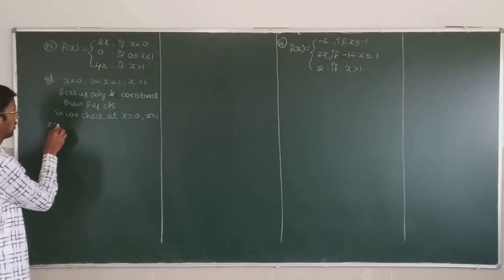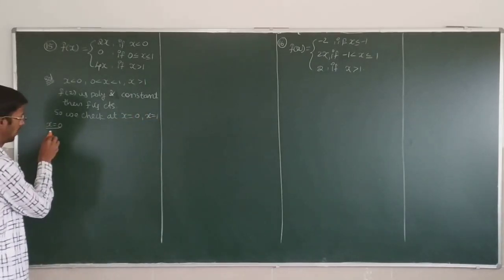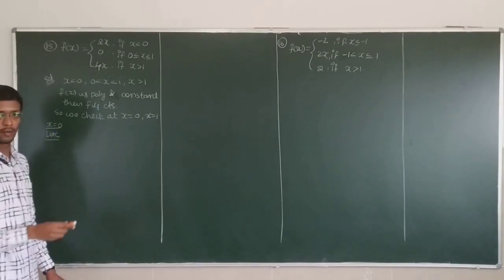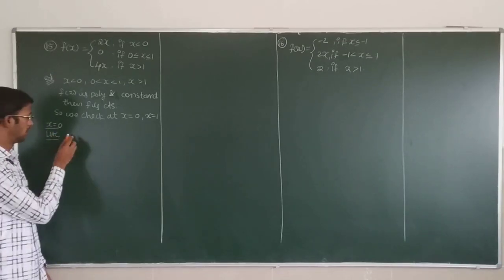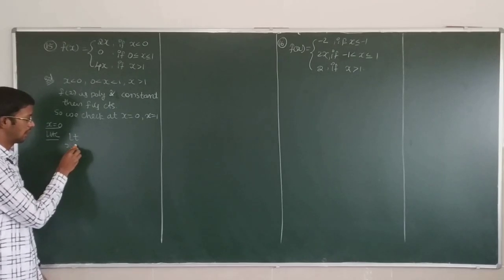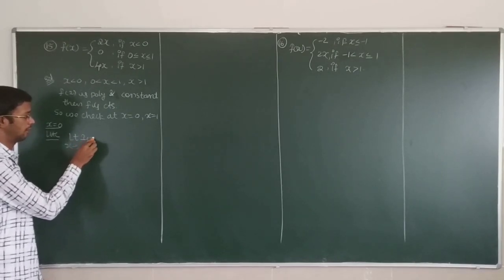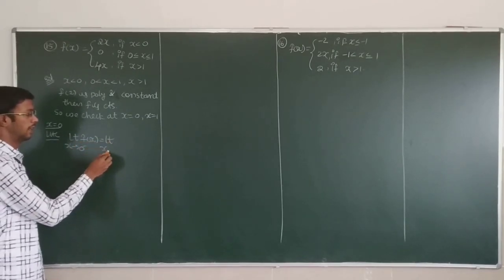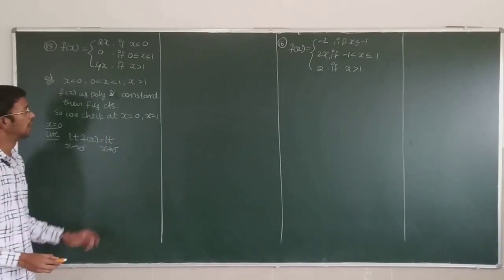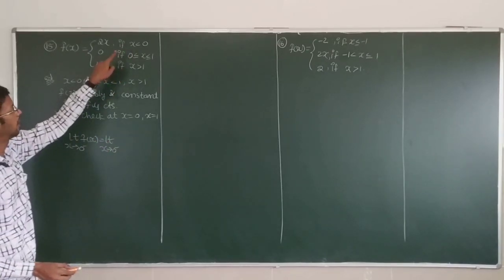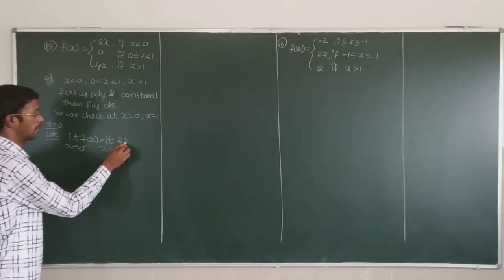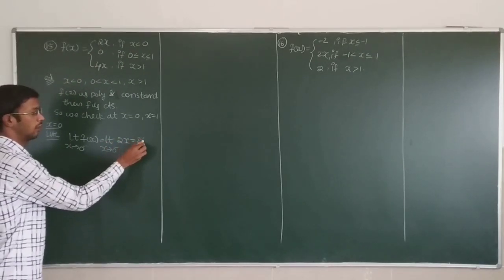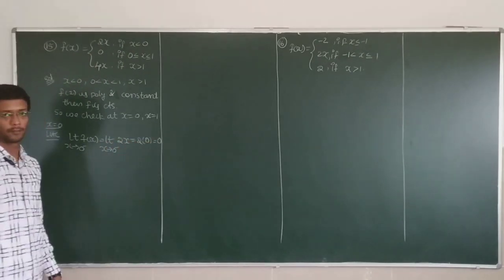At x = 0, I am checking first. LHL is the limit as x tends to 0 minus of f(x). What is f(x) for x less than 0? It is 2x. Substitute 0 here, the answer will be 0.